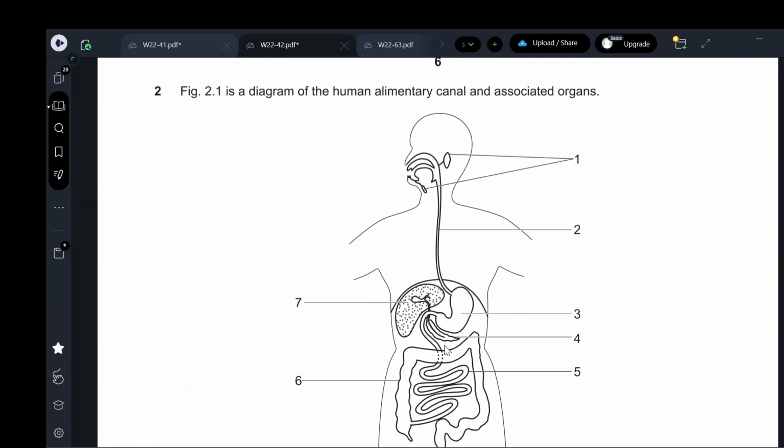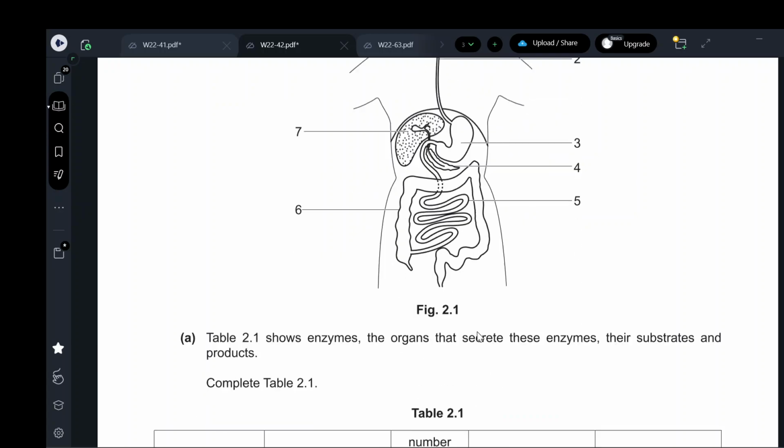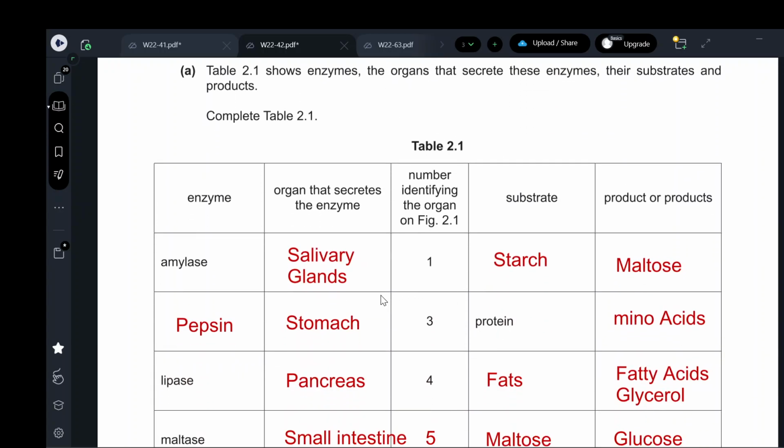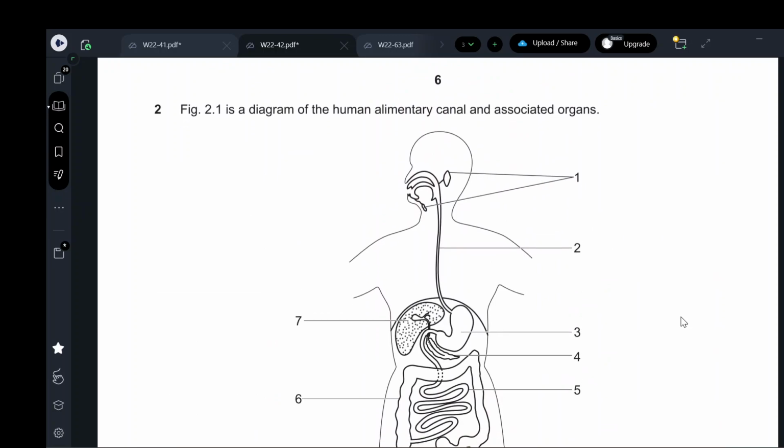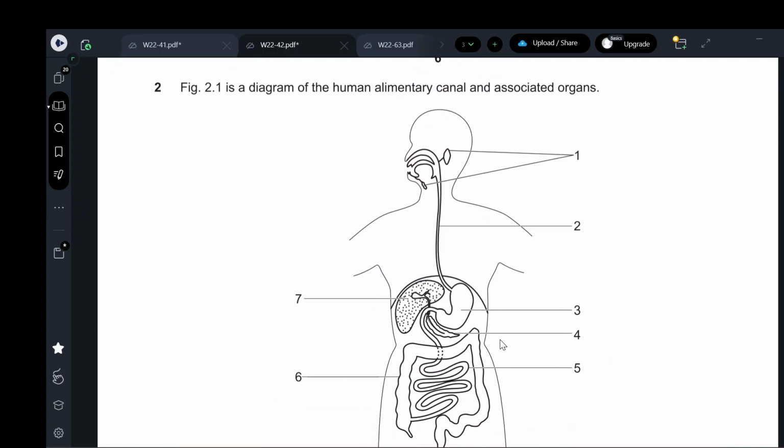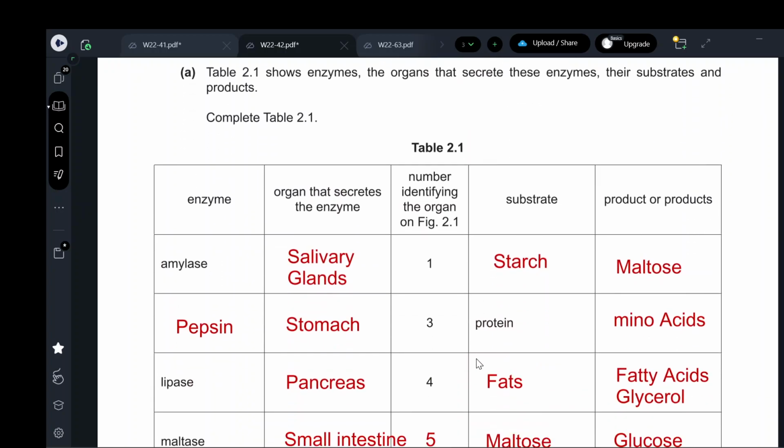Number 3. What is organ number 3? It is the stomach. We have the pepsin enzyme in the stomach, which digests proteins into amino acids. Number 4. Under the stomach, we have the pancreas.